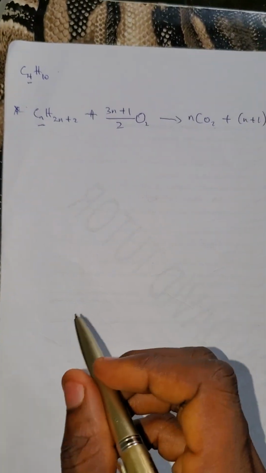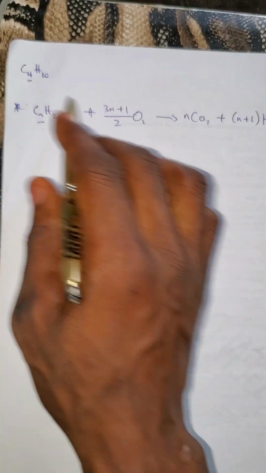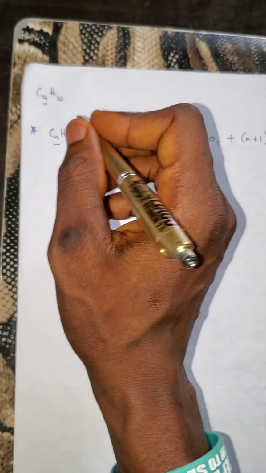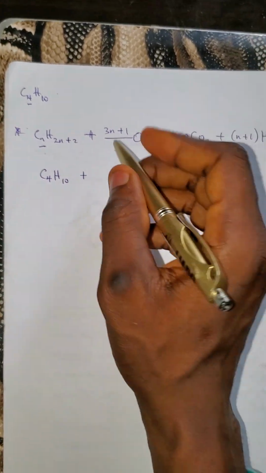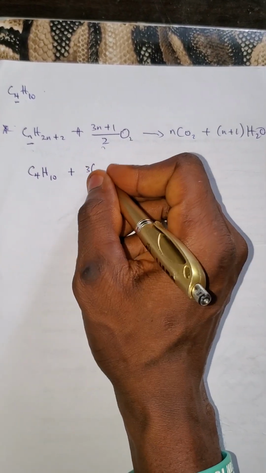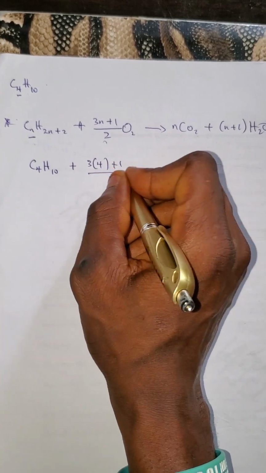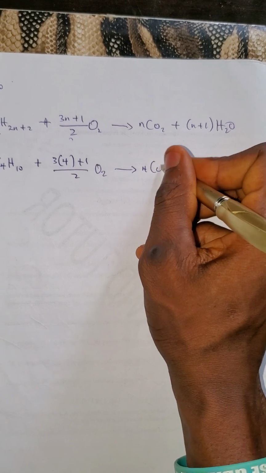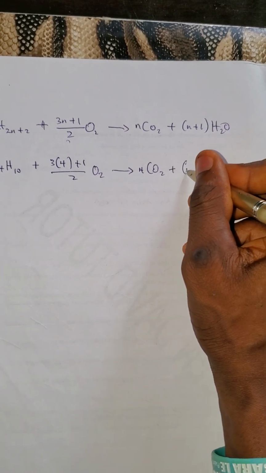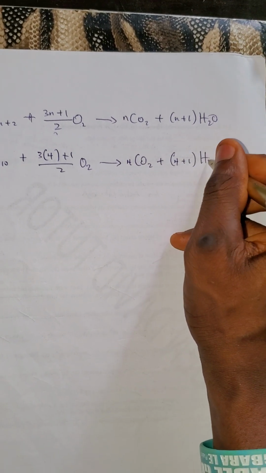So if we want to balance this, anywhere we see n, we replace it with 4. So this becomes C4H10 plus 3 into brackets 4 plus 1 over 2 O2 to give us 4CO2 plus 4 plus 1 H2O.